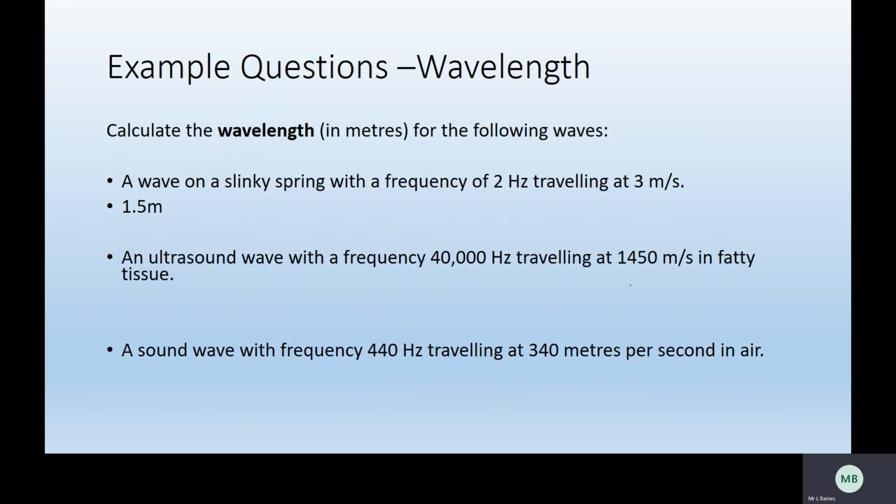Ultrasound wave, again, we've got wave speed divided by frequency to calculate wavelength. So 1450 divided by my 40,000 is 0.036 meters. And finally, wave speed 340 divided by frequency 440 gives me a value of 0.77 meters or 77 centimeters.